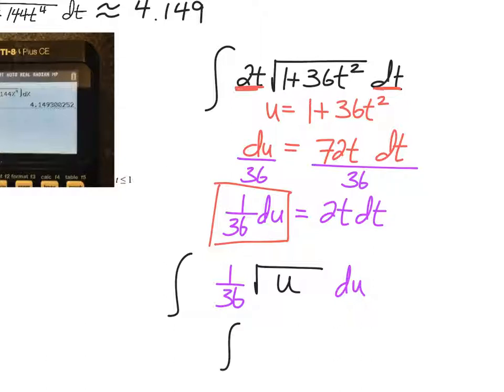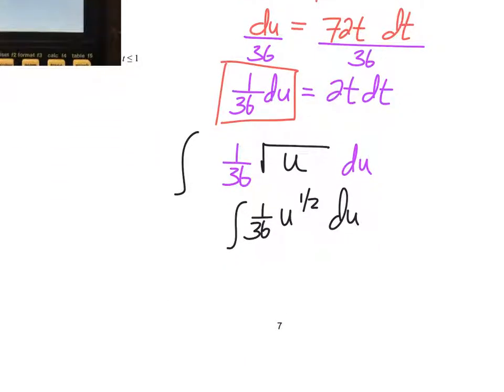So then it becomes 1 over 36 u to the 1/2 du. Increase the exponent by 1, becomes 3/2. Divide by the new exponent, so it's the same as multiplying this by 2/3. So we're talking 1 over 54, if I'm not mistaken. Oh wait, we're multiplying it by 2/3. So 1 over 18, just make sure. Yeah, 1 over 54.